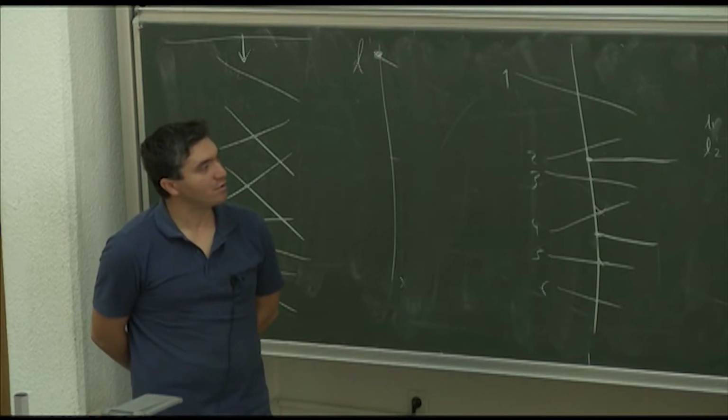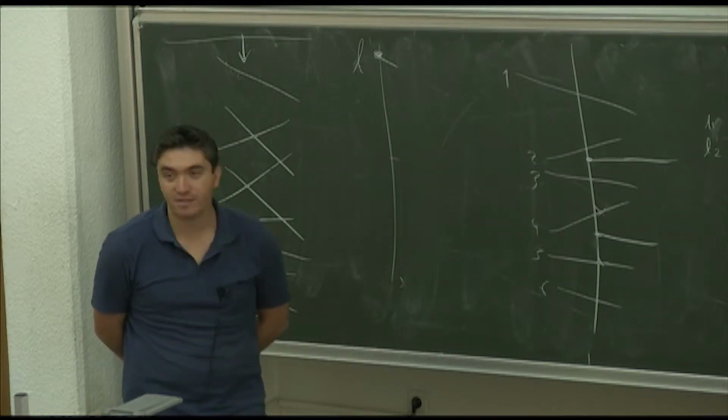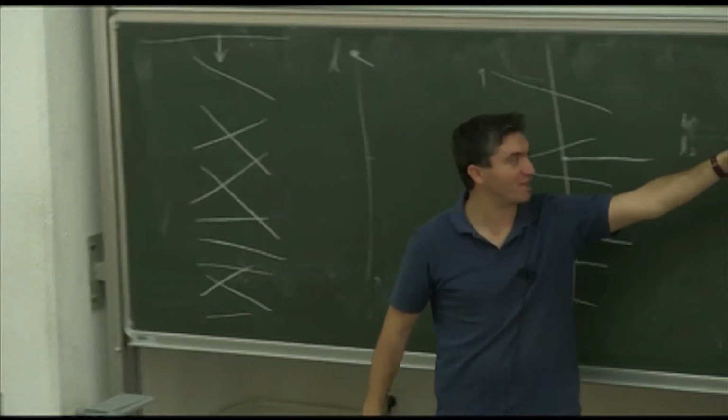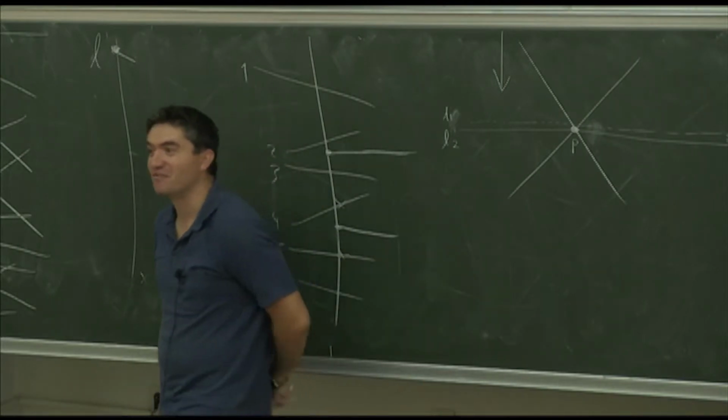Obviously, these two segments are neighbors on L1, on this dashed line. There are no other events between them.